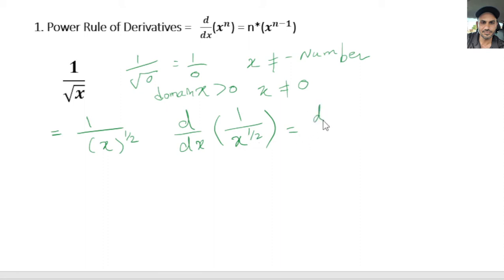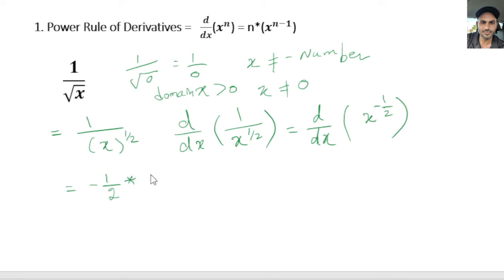So d over dx, and instead of 1 over x to the 1/2, I'm going to bring this into the numerator and change the sign of the exponent. So it's x to the negative 1/2. And now we can go ahead and apply this power rule. So we have this negative 1/2, which is the exponent, become the coefficient or the multiplier in front.